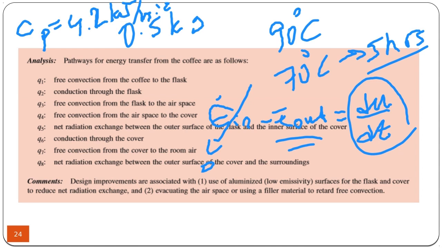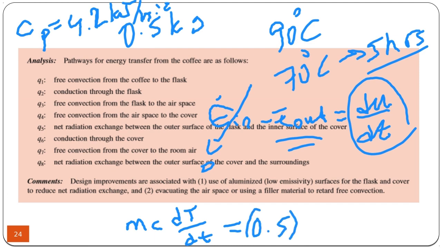m C dT over dt. You know the mass of the coffee, 0.5 kilogram. The C is 4,200 times dT over dt, which is 20 Celsius divided by, it's in 5 hours, so 5 hours is almost 18,000 seconds.